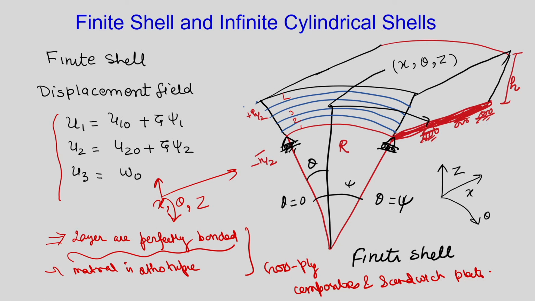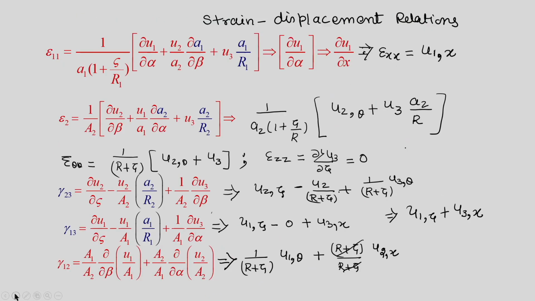It is a singly curved surface, so radius in one direction, in the other direction radius is infinity. So, we can say that R1 is infinity, R2 is R, and the Lamé parameter A1 is 1 and A2 is R. If we follow these things, we can find out the strain components.